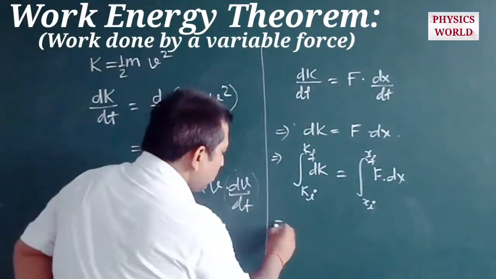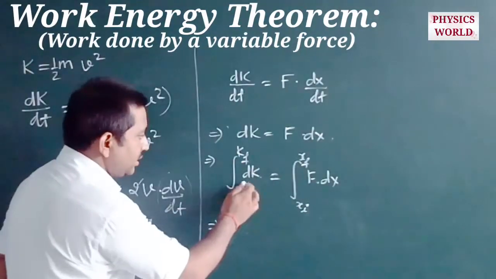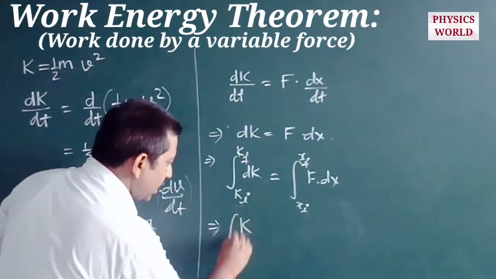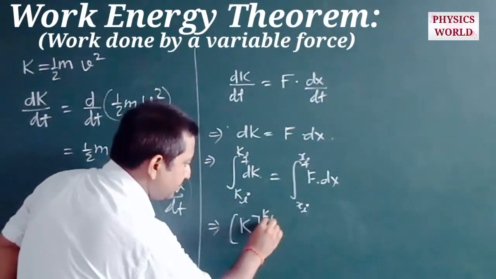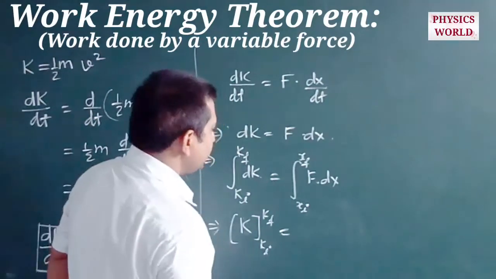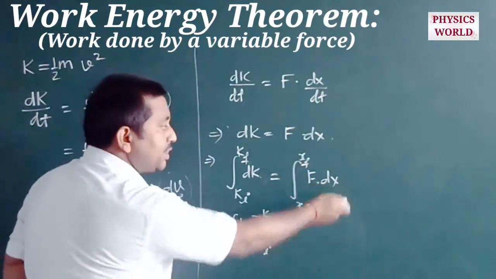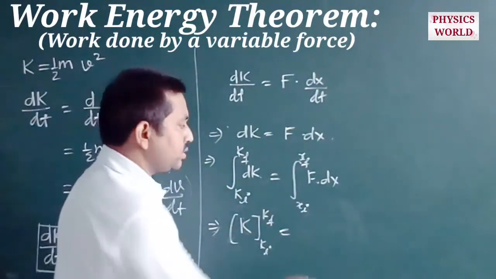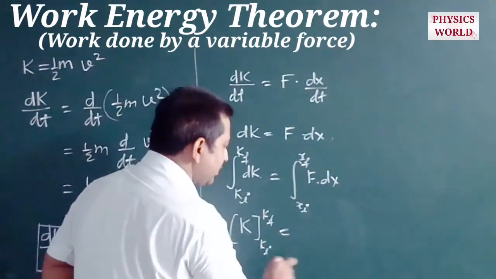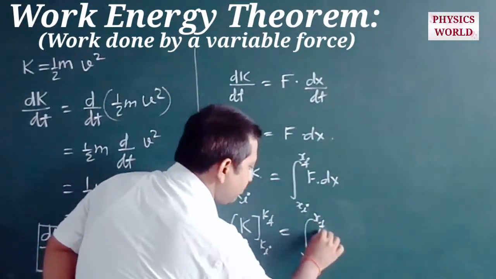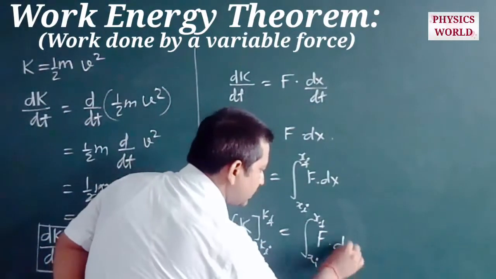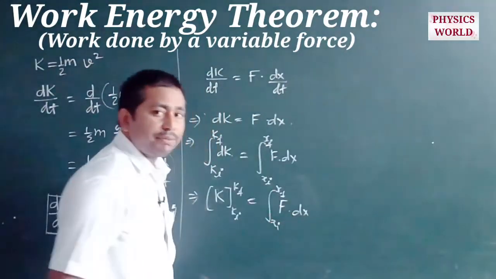The integration of dK is K, and we take the limit from Ki to Kf. As F is a function of displacement, because this is a variable force, it cannot be taken outside, so this can be written as the integral from xi to xf of F dot dx, where F means a function of x.